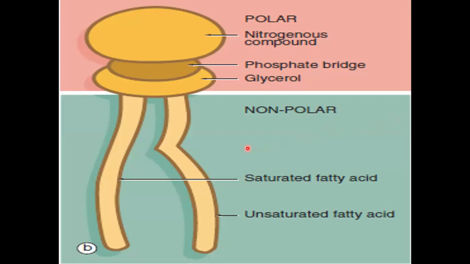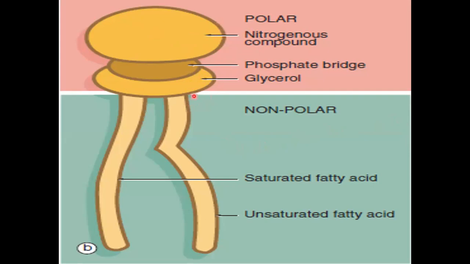Now in the tail region, we have two fatty acid molecules. This is the head region made up of a nitrogenous compound, a phosphate bridge, and a glycerol. Glycerol is more of a sugar. So this is a glycerol, that's a phosphate bridge. Then up there we have a nitrogenous compound.